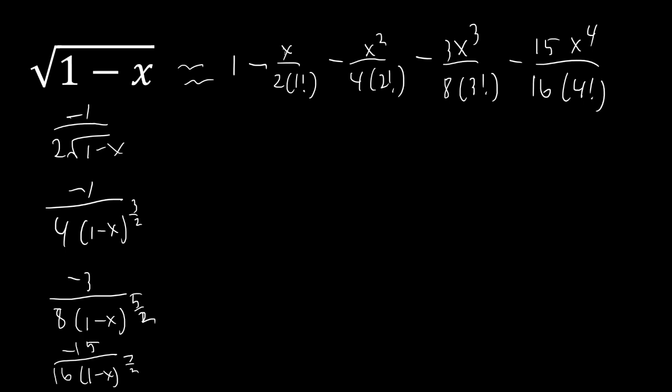Now the thing is, we have to be able to analyze all these terms right here. So I'm going to start by noticing that the first term is pretty different from the rest of them, so I'm going to leave that out of our expression for the Taylor series. And next, all we have to notice now is it's going to be 1 minus the sum from n equals 1 to infinity of x to the n over n factorial times something.